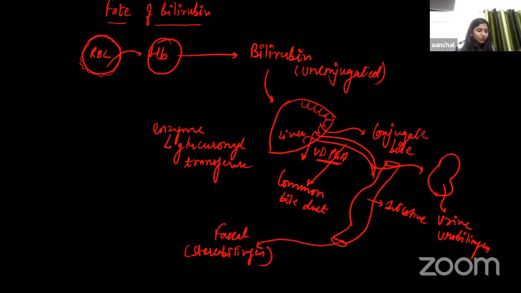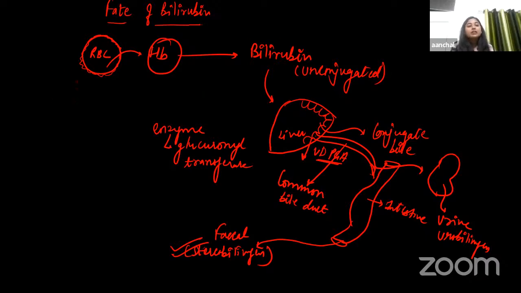Now, when this conjugated water-soluble bilirubin reaches the large intestine, okay, this is the intestine we have drawn, it is degraded by colonic bacteria present in the large intestine, and here it will form a compound that is known as stercobilinogen, which gets excreted with feces. Okay, so this is all about the general physiology, the general fate of bilirubin, to have the idea of what is going on with the bilirubin.